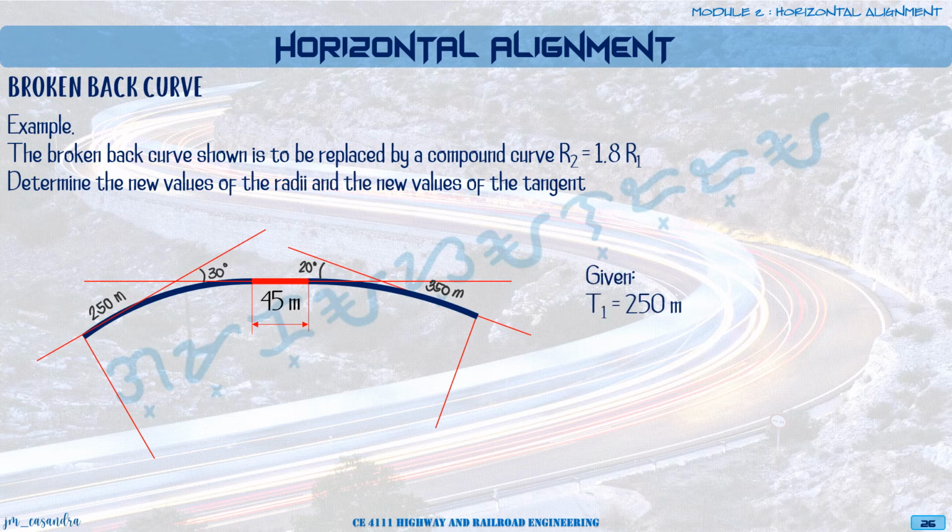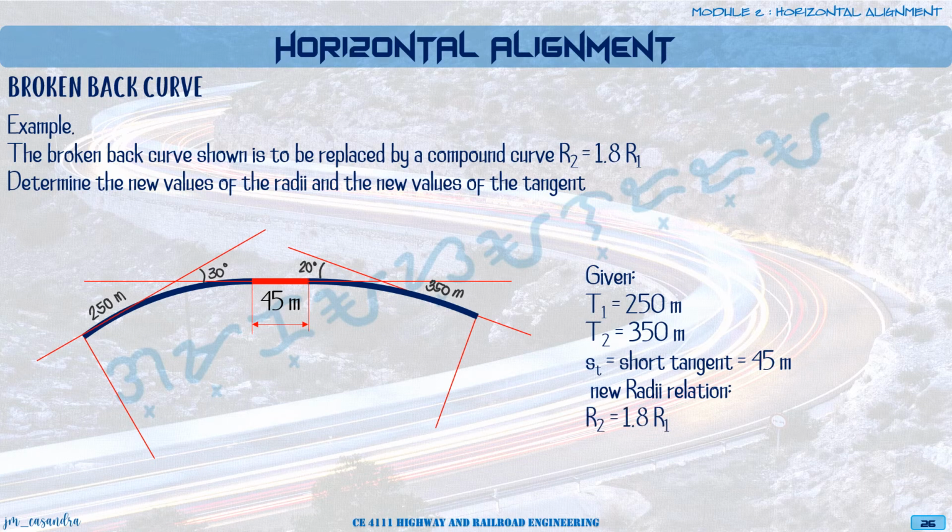We are given now the tangent of the first curve at 250 meters, tangent of the second curve at 350 meters, the short tangent at 45 meters, and then what we are looking for is the new radii, and we're given the relation of the radii as 1.8 of R1 equal to R2.